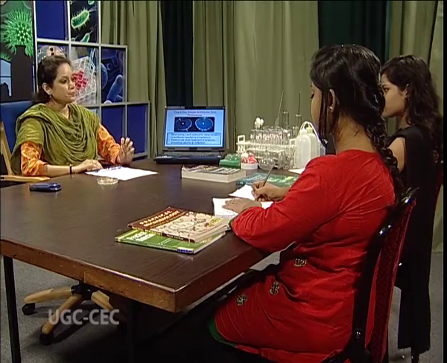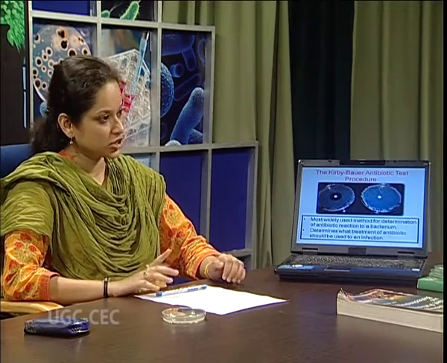Apart from the primary zone of inhibition, a secondary zone of inhibition is formed. In this zone, there are bacteria which are resistant to that group of antibiotic, and hence it produces 1 or 2 colonies in the secondary zone of inhibition.